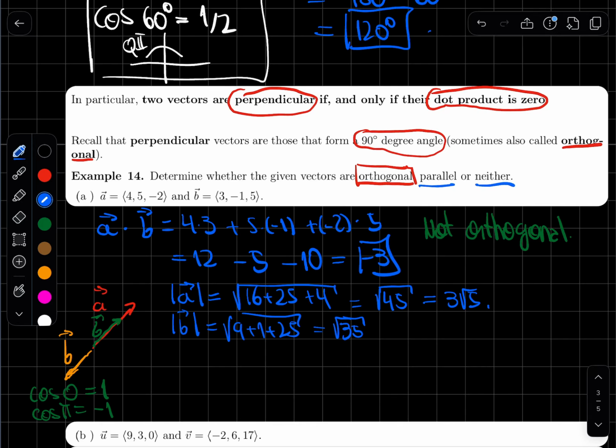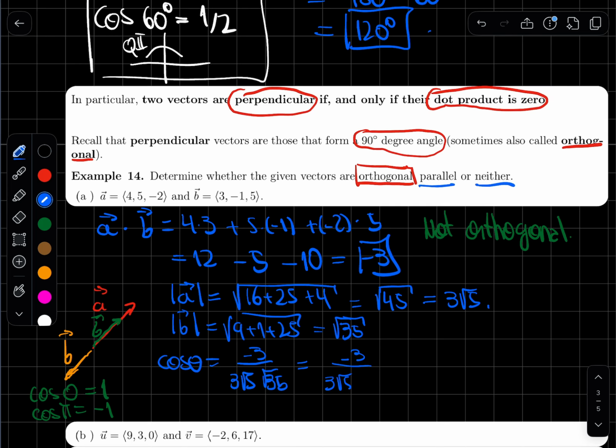I have no hopes of this being pi, but I'll do the math anyways. Cosine of theta will be -3 over root 5 times root 45, times root 35. I'm going to do this.